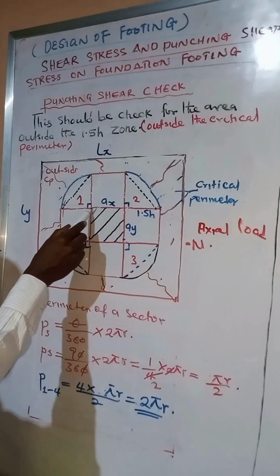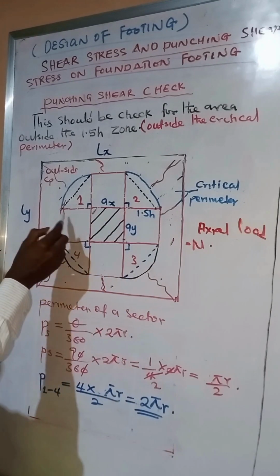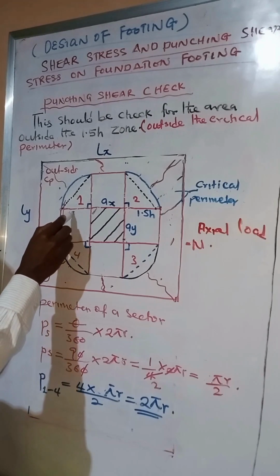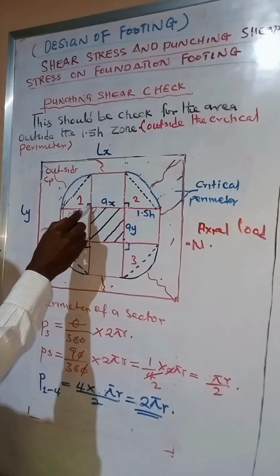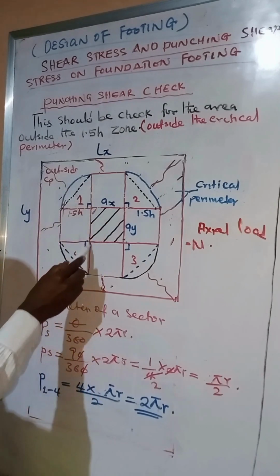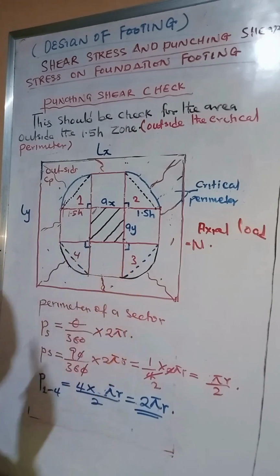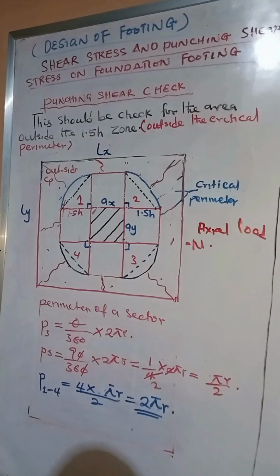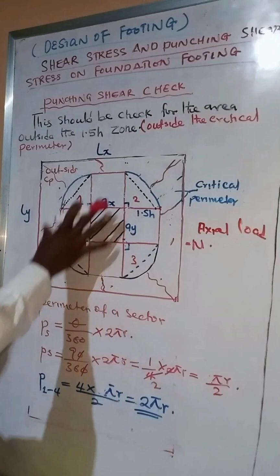The same thing happens from here down to this point. It's the same 1.5 H, so you can put 1.5 H. Similarly, here to here 1.5 H, here to here 1.5 H. So all those measurements are taken from the face of the column. Now, we want to calculate the punching shear stress outside this area.